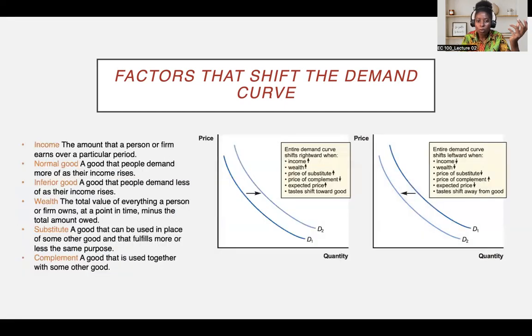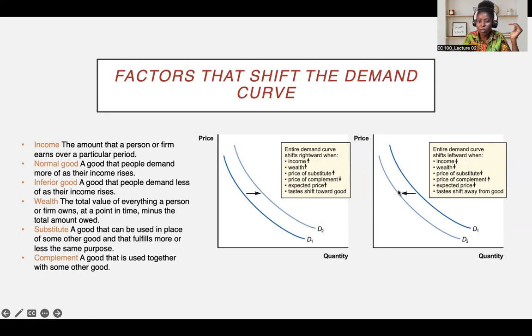These are examples of different factors that cause a shift in the demand curve that you need to know. You need to know what happens to the change in that factor to cause a rightward shift, and what would cause a leftward shift.